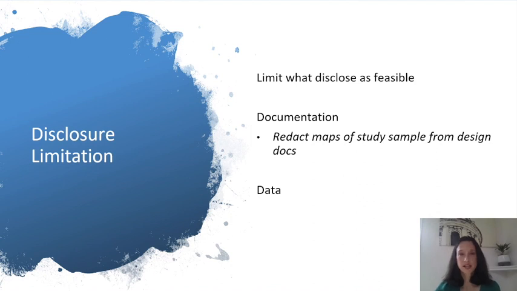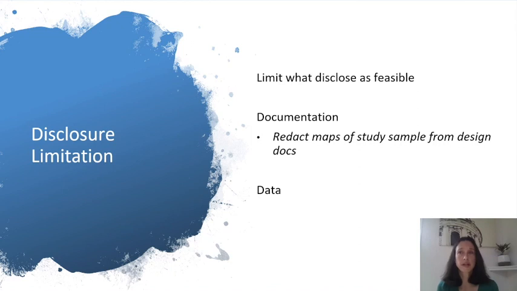When it comes to documentation, just to reiterate, we need to think through what information we disclose about the study that can contribute to the re-identification risk of our study population. In my experience, this means revisiting evaluation design reports or other study materials where we publish annexes that can have very detailed information on the sampling frame for the study.